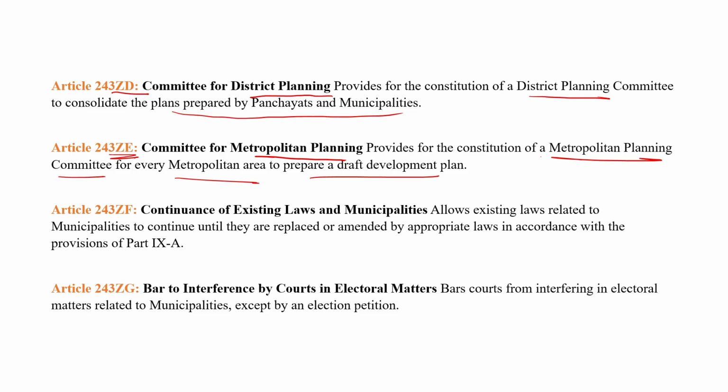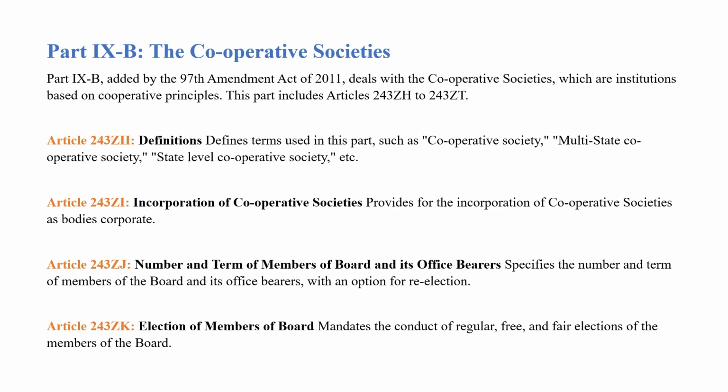And 243ZG explains the bar to interference by courts in electoral matters. Clear? Okay. So this is the municipalities, or we can say urban panchayat, that we have discussed.